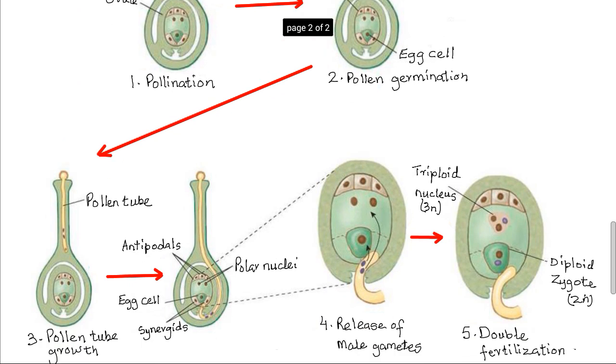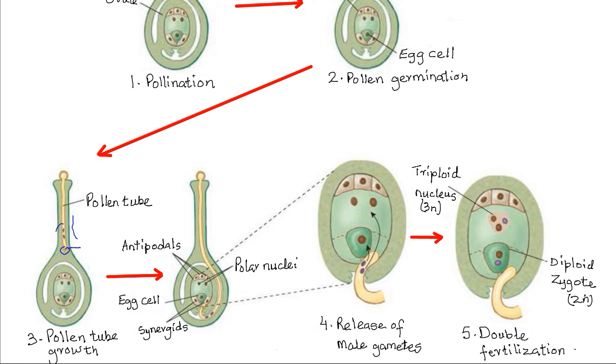You can see here the pollen tube grows down through the style, the tube nucleus is at the tip, and then the 2 male gametes follow closely behind. So the role of the tube nucleus is to control the growth of the pollen tube. That's why the tube nucleus is located at the tip.